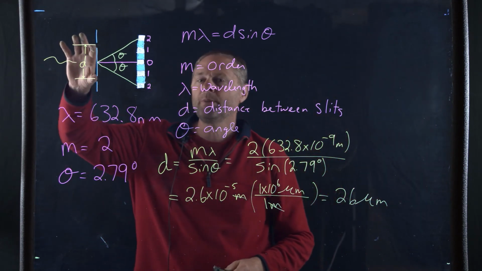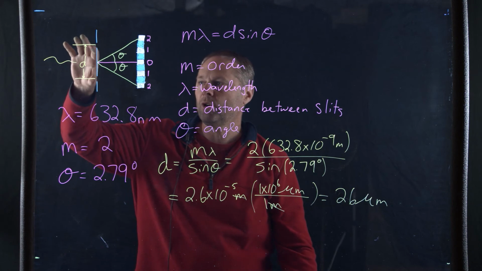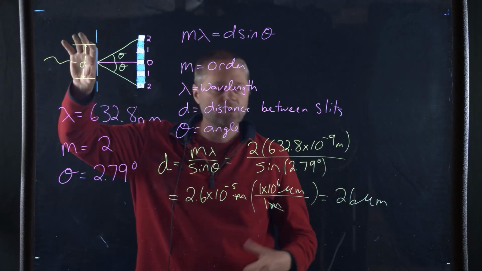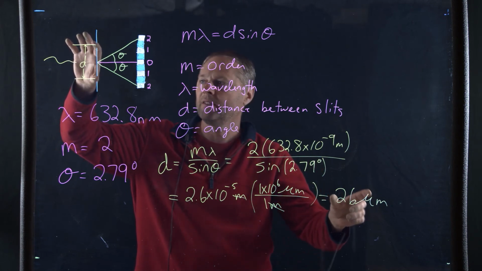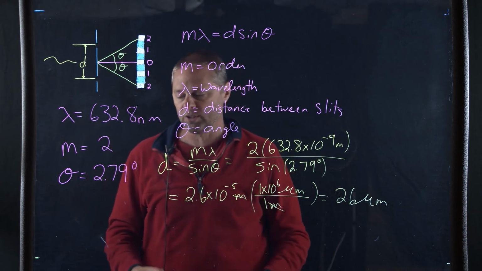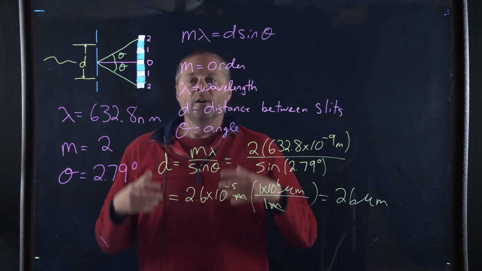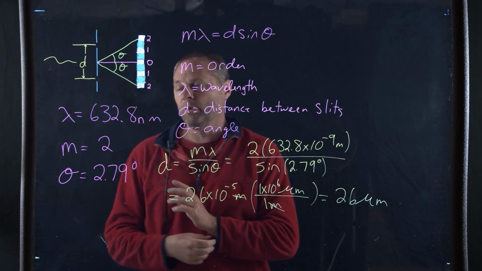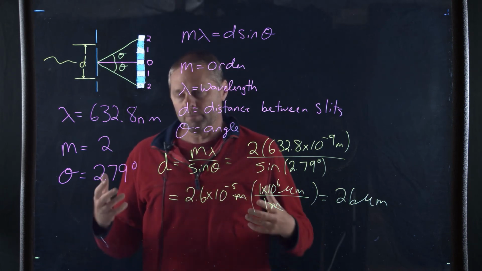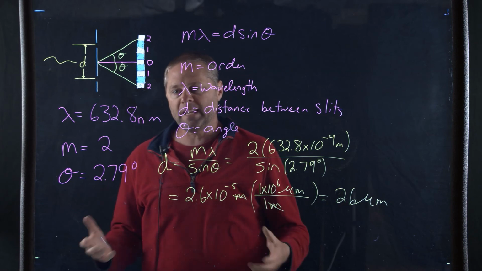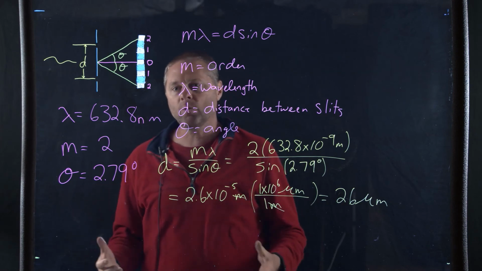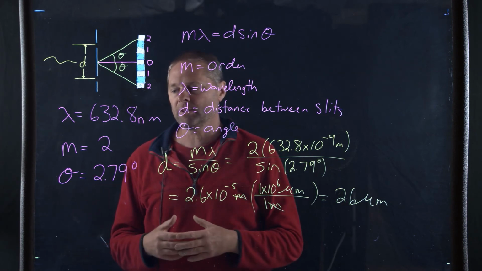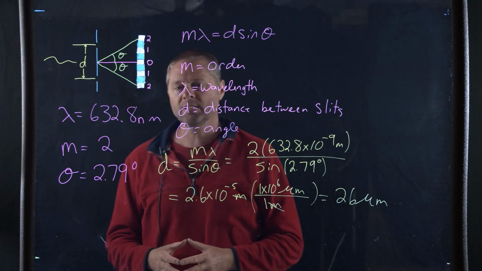So from this experiment, we were able to determine the distance between these two slits. Once again, this is Young's double slit experiment. It's a remarkable, beautiful experiment. It once again proves the wave nature of light. If you have any questions on Young's double slit experiment or any problems pertaining to this, please let me know.